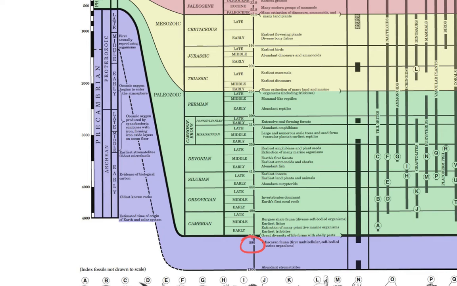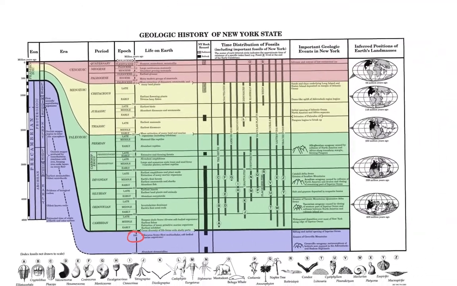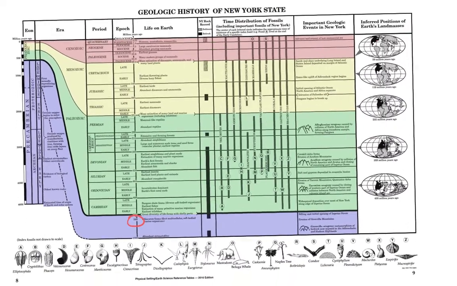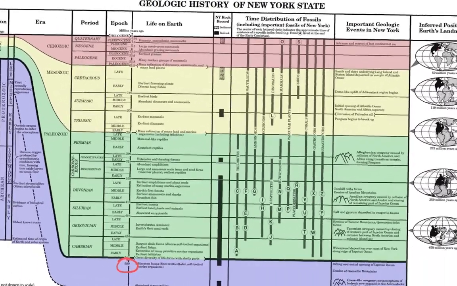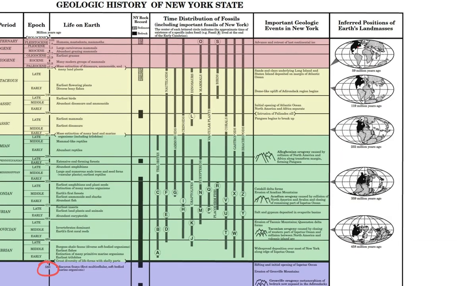The second one was the initial opening of the Atlantic Ocean. So for that one, if we're looking at things that happen to land masses or oceans, then it's probably over here in our inferred positions of Earth's land masses. The opening of the ocean means that there wasn't an Atlantic Ocean to begin with, and now it's going to open up, right? And so you could look over here. It also tells you that in the important geologic events in New York.